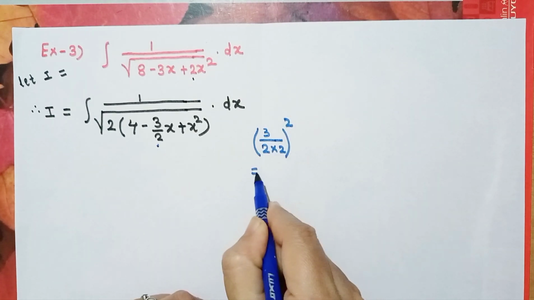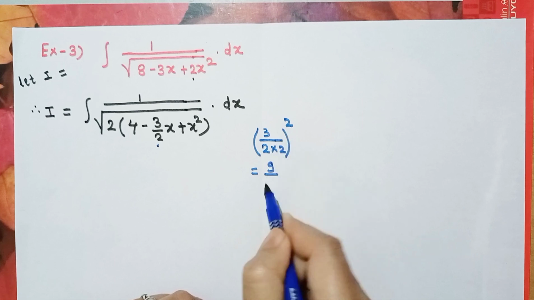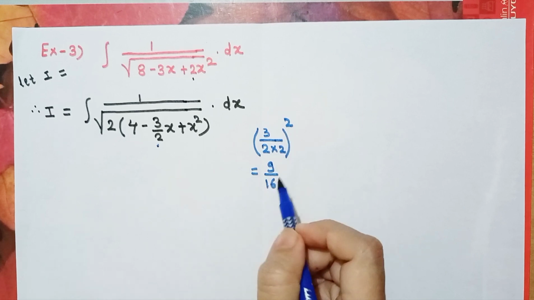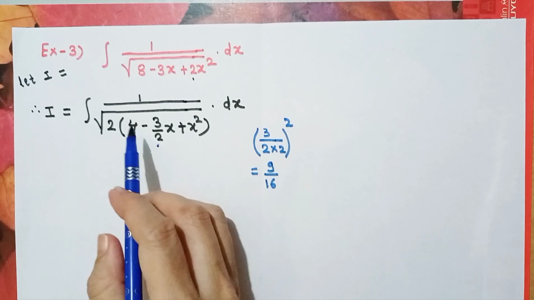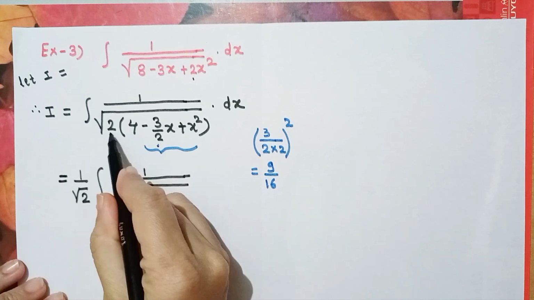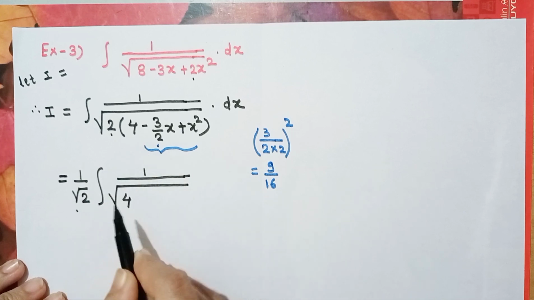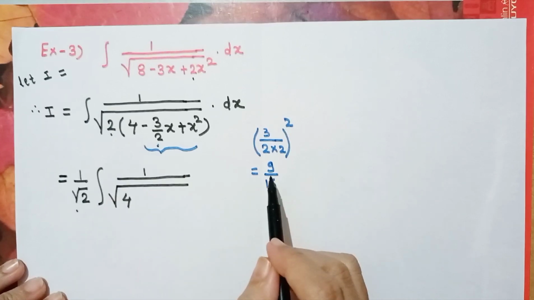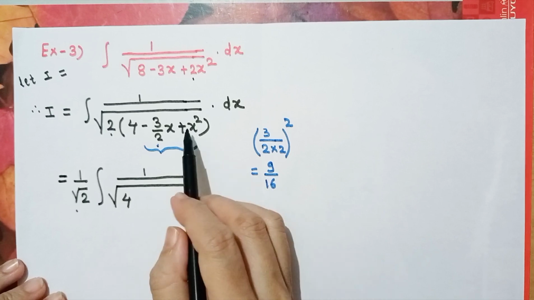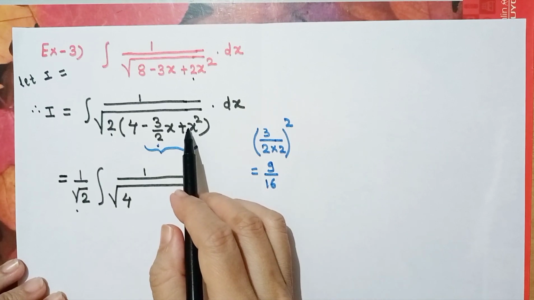So this square is 3 3s are 9 and 4 4s are 16. So we will add and subtract 9 upon 16 from this. This root 2 term, the constant, we have taken out of the integration symbol. Now we will write 4. We have to write now this plus and minus, but check the sign of the x square term is plus.